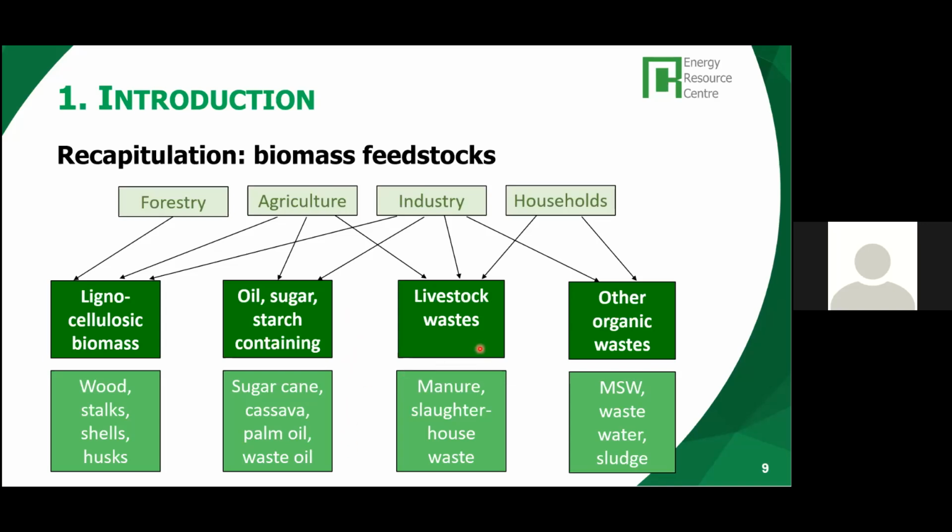We have livestock wastes, for example manure, slaughterhouse wastes, which can be converted to energy, usually by anaerobic digestion. Combustion is also an option. And we have other types of organic waste, including the organic substance in the municipal waste, different types of wastewaters and sludges.